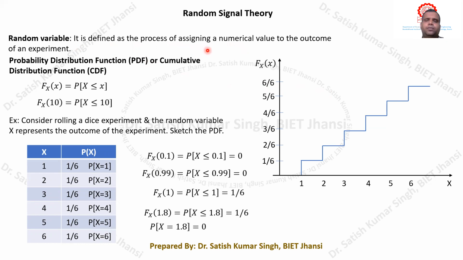Let us suppose we are conducting one particular event. For example, take a simple experiment like tossing a coin. When we toss a coin, we know that the coin has two different faces: a head and a tail.